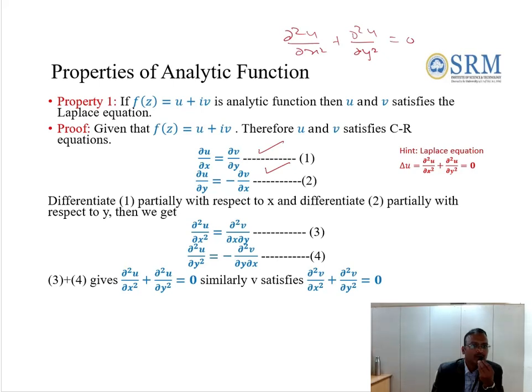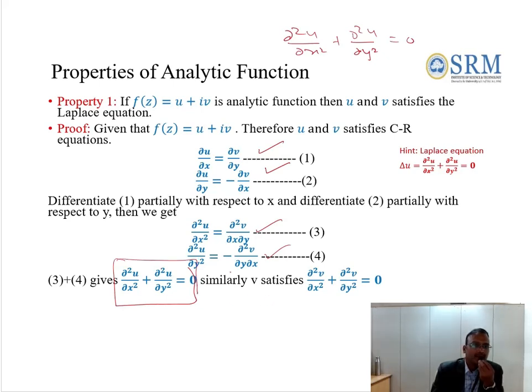Then we get dou square u by dou x square equal to dou square v by dou x dou y, and dou square u by dou y square equal to minus dou square v by dou x dou y. If you add these two, we get 0, that is, dou square u by dou x square plus dou square u by dou y square equal to 0. That is, u satisfies the Laplace equation.